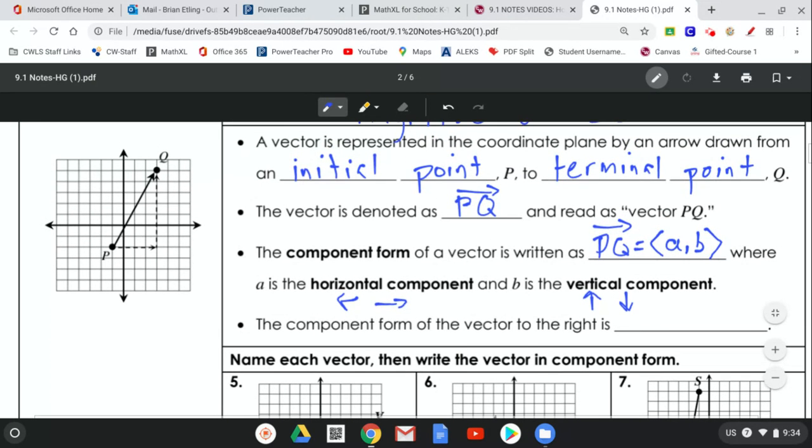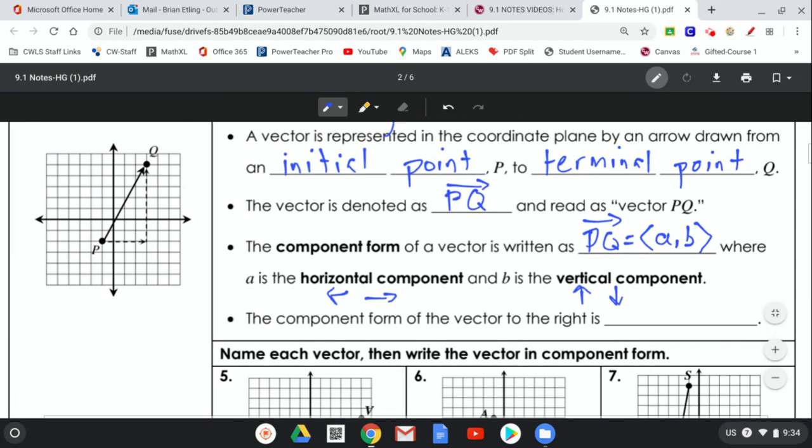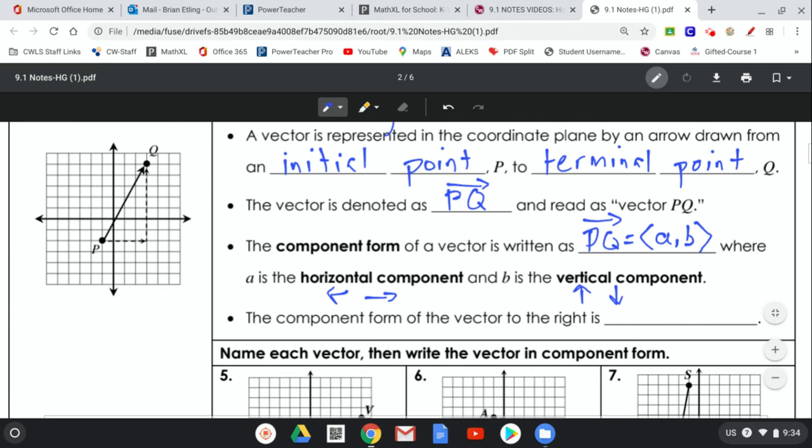And the component form of the vector to the right, just so you get an idea of what we're looking at here. If we go from P to Q, if we trace that path, we're moving 1, 2, 3, 4 to the right, and then we're going up 7. So still thinking of it as a translation.